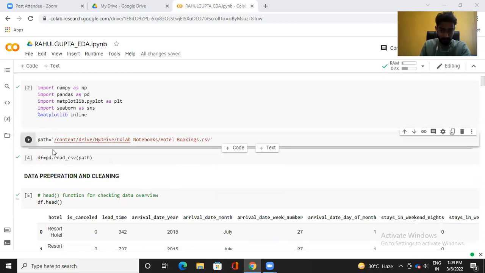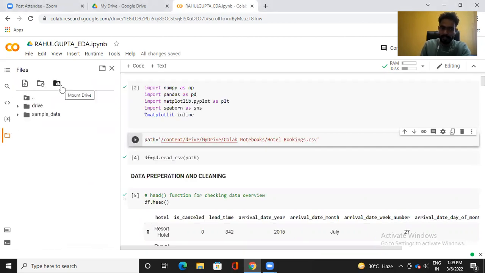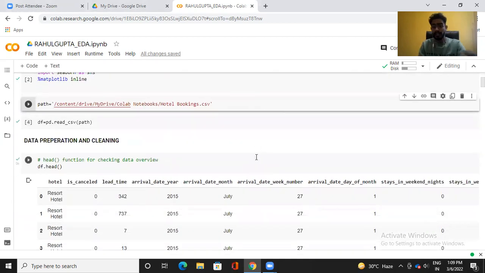Then I gave the path of my data set from my Google Drive.